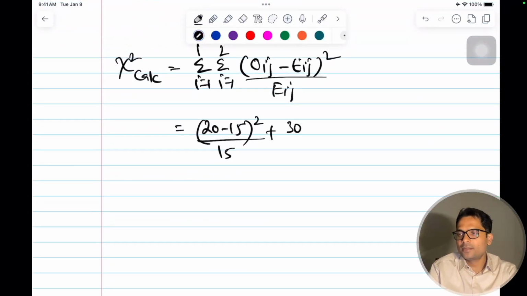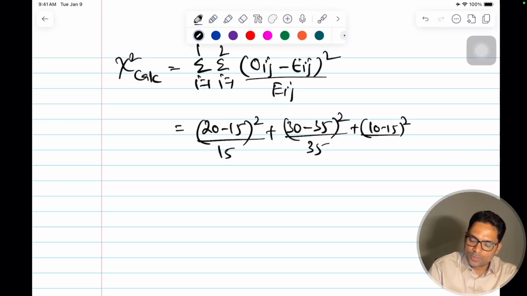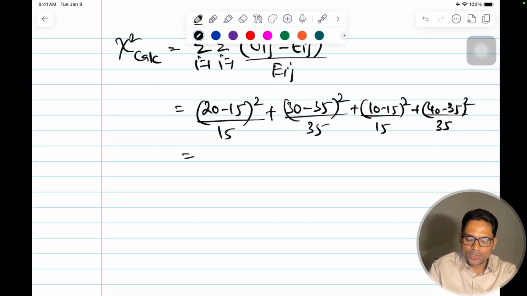This will be 30 minus 35 whole square by 35 plus 10 minus 15 whole square by 15 plus last one is 40 minus 35 whole square by 35. This is the expected value, right? 20 minus 15, 30 minus 35, 10 minus 15, 40 minus 35, all is 5 differences there, right?